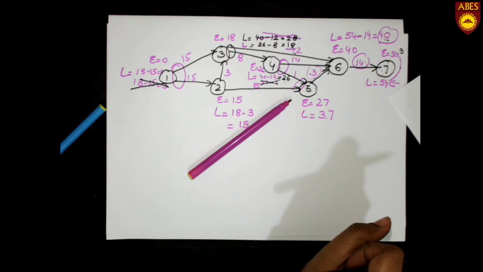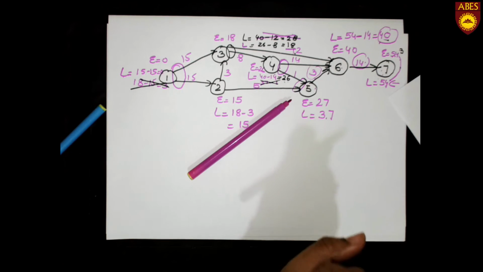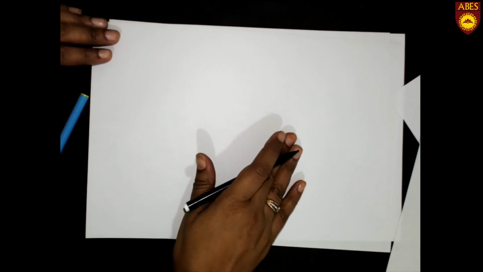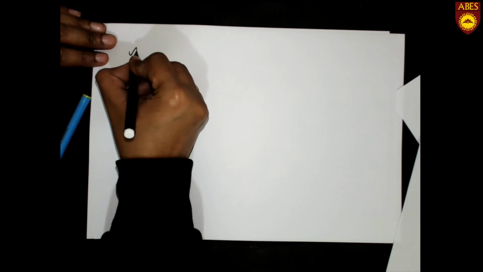For this, we have to make a tabular format. I will keep it aside. Here you can see I will write down the activity.